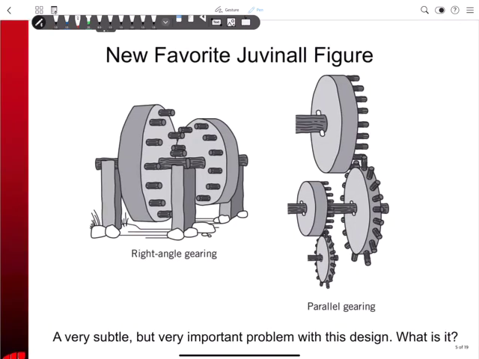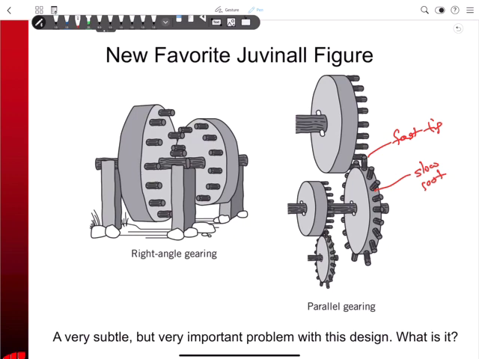Anyway, we discovered that we've got a speed problem when the tip engages. So there's a fast tip, and then down here is a slow root, because things are moving at different speeds as we move along the radius.